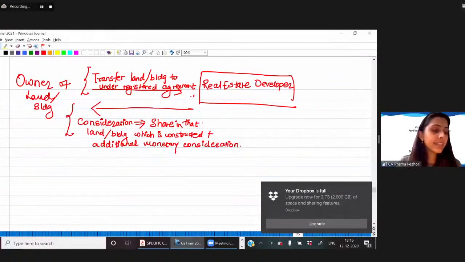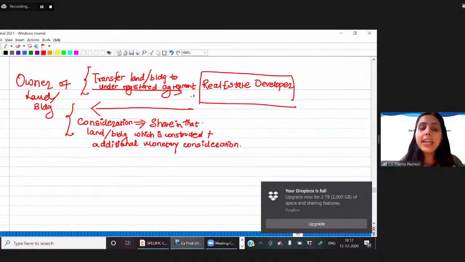Now understand here the part performance of the contract is happening when you're giving the land and the registered agreement is entered into. That is just the part performance of the contract. It is not the full performance.